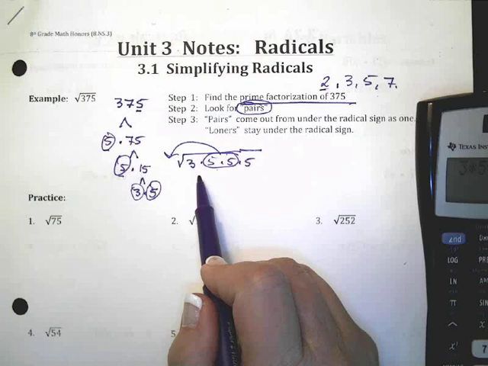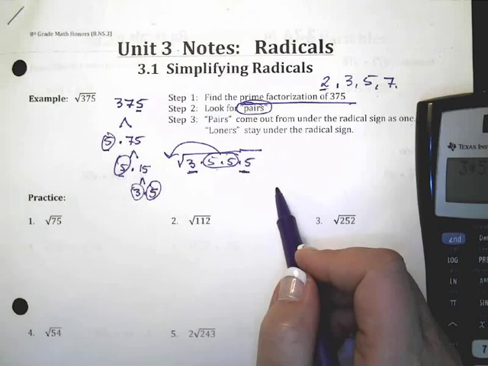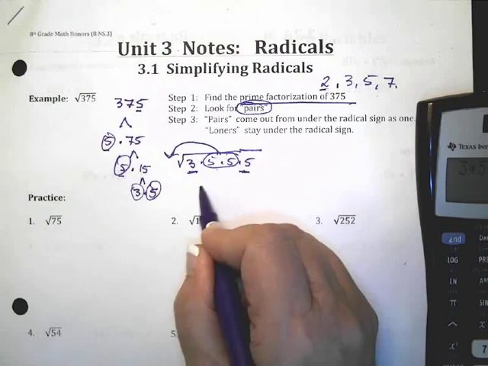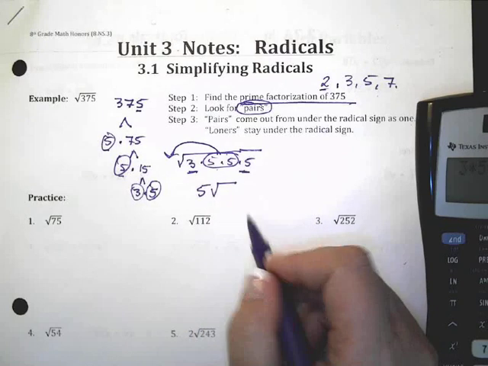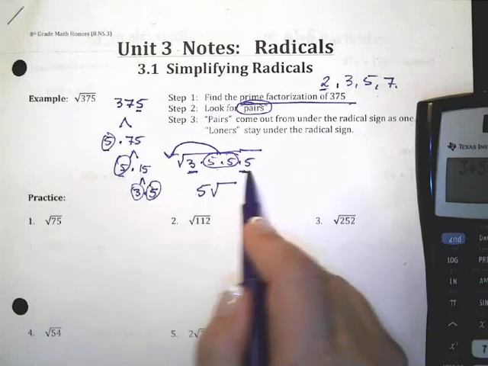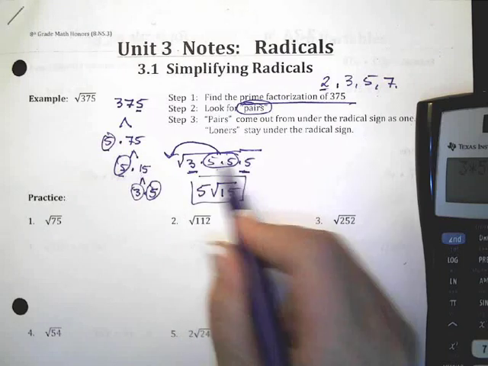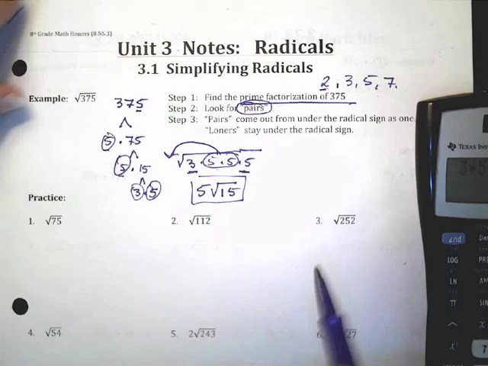Any numbers that are left behind, which would be 3 and 5, have to stay underneath the radical sign, and we'll multiply those back together. So bring out this pair of 5s as one 5, put the radical symbol, and then our loners that are left behind, 3 and 5, we multiply together to get 15. So our simplified answer is 5 square root 15.